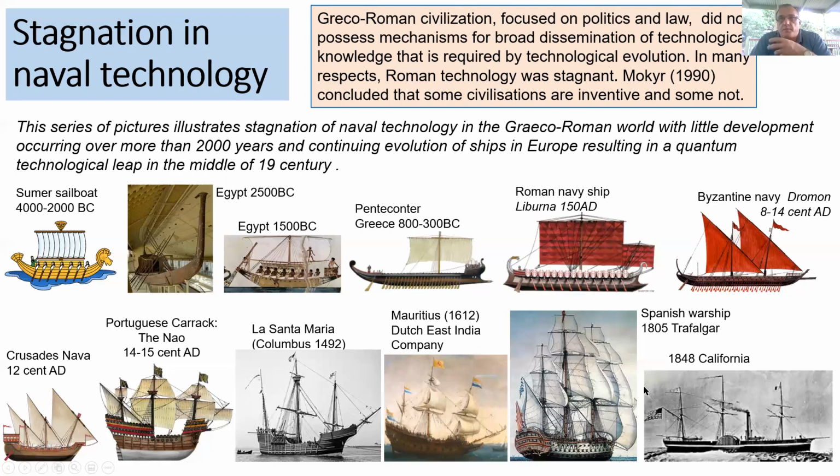It was consumed with political struggle and some economic issues, but technological development was not a top priority in Rome. And maybe this was one of the reasons why the impressive and sophisticated Roman Empire at some stage collapsed.